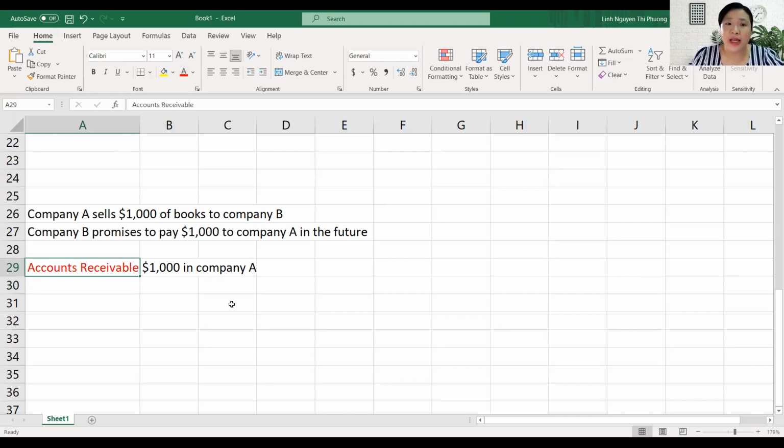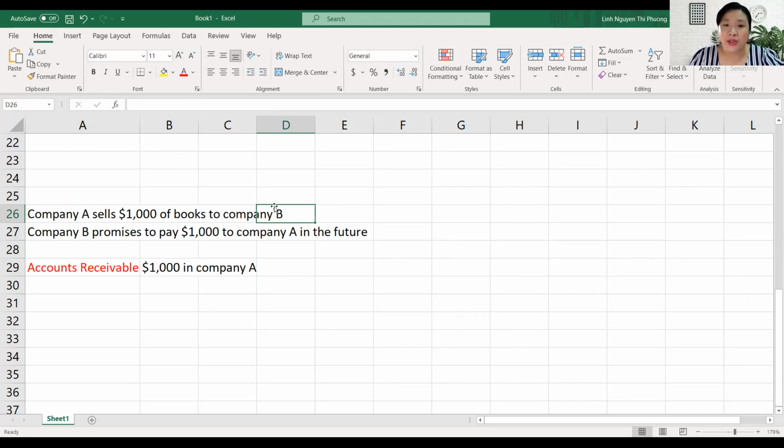Account receivable means the amount of money that company A expects to receive from the customer, the customer being company B, in the future. So we call it account receivable. So this is also an asset for the company because we expect we're going to receive it in the future, right? Again, company A sells $1,000 of books to company B, but company B doesn't have money to pay company A yet.